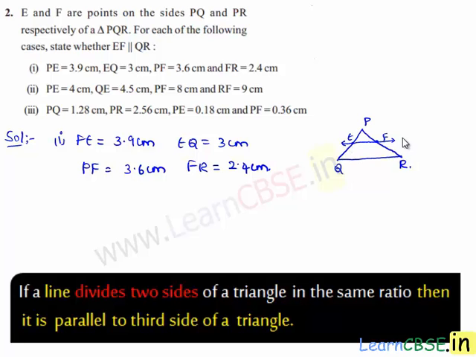From Converse of basic proportionality theorem, if a line passing through two sides of a triangle divides the two sides of the triangle in the same proportion, then it will be parallel to the third side. So let us verify this.